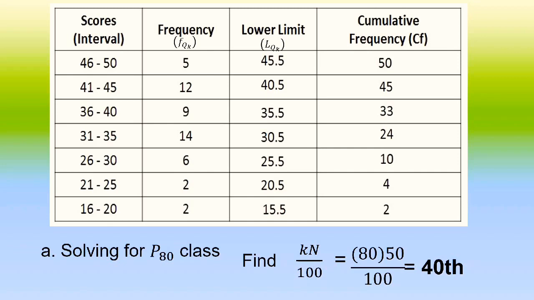So make sure that in our cumulative frequency column, the value of the cumulative frequency of the said class must be greater than or equal to 40. Have you located the value where 80th percentile belong? Okay, that is correct. 80th percentile class belongs to the class interval 41 to 50. It's because 45 is greater than 40.